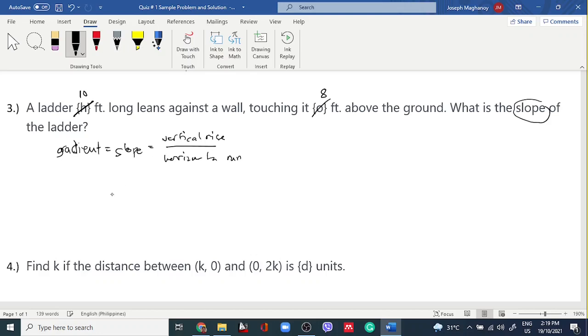Or if you have a certain triangle, so this is your horizontal run, this is your vertical rise. This is your vertical rise, and this is your horizontal run, which is your 10 feet long.